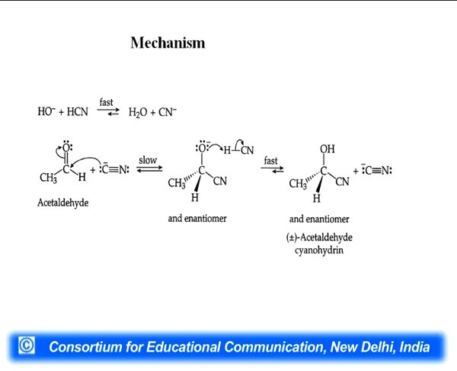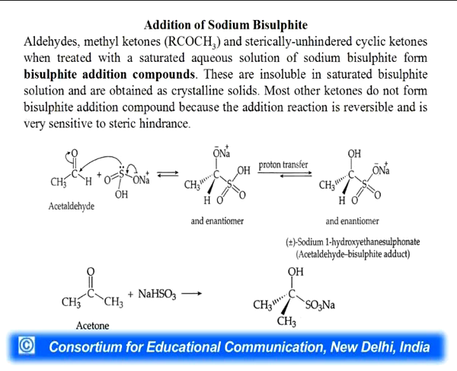So, basically in this reaction, first of all we produce an active nucleophile, and this active nucleophile then attaches to the carbonyl carbon of acetaldehyde, and this is the way we get the cyanohydrin of acetaldehyde.